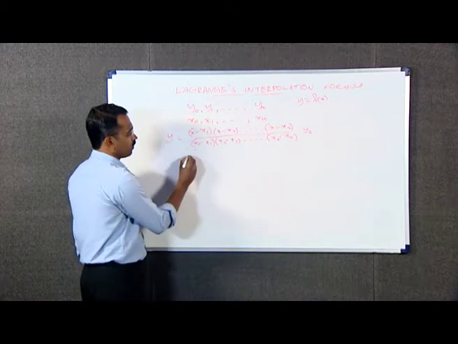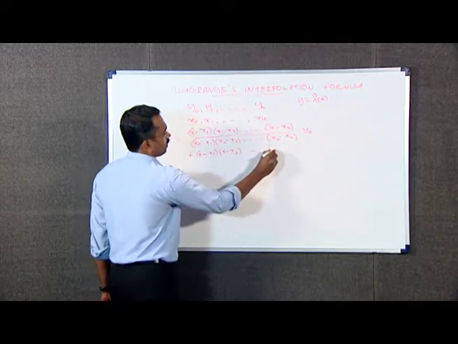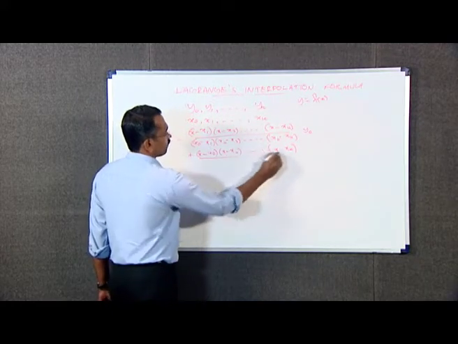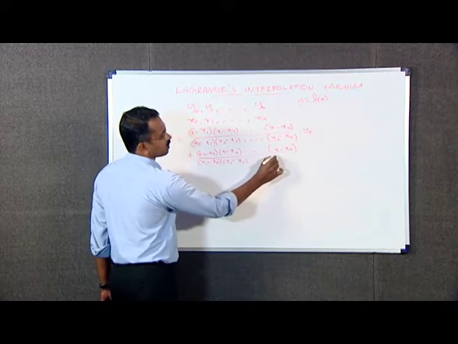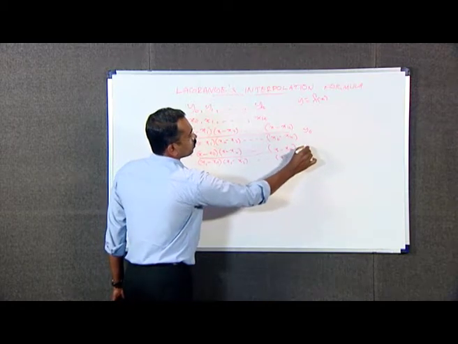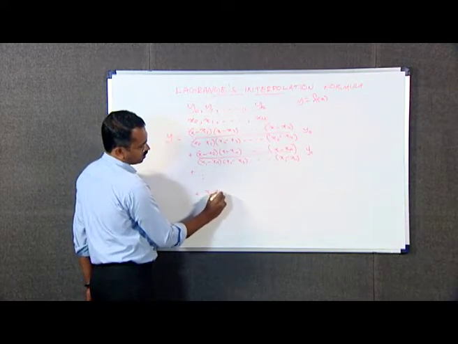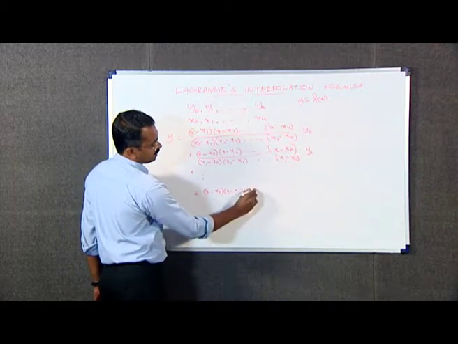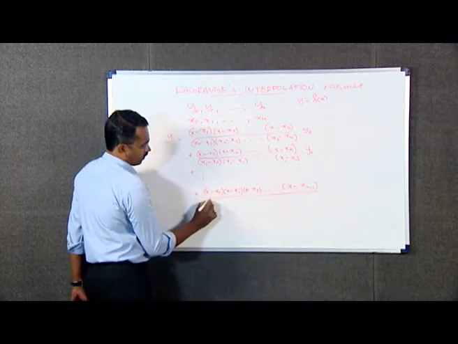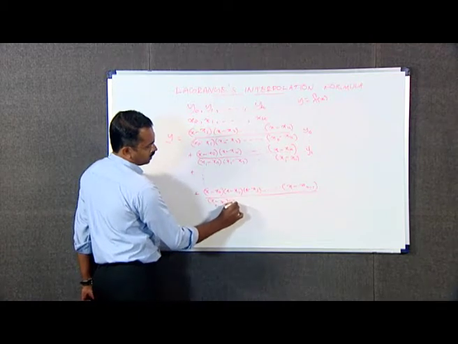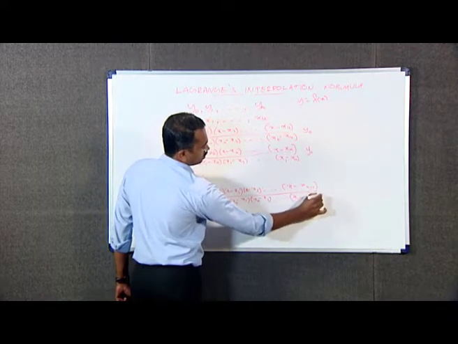This is the first term, plus the second term is (x minus x0)(x minus x2) etc. (x minus xn) all divided by (x1 minus x0)(x1 minus x2) etc. (x1 minus xn) into y1, plus etc., plus the n plus 1th term is (x minus x0)(x minus x1)(x minus x2) etc. (x minus xn minus 1) divided by (xn minus x0)(xn minus x1)(xn minus x2) etc. (xn minus xn minus 1) into yn.